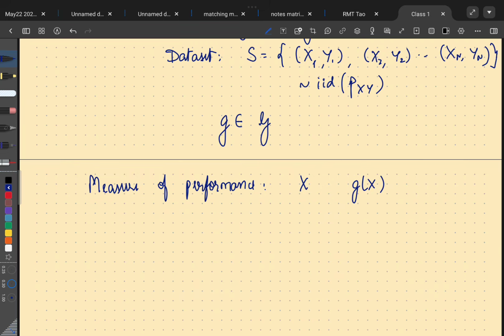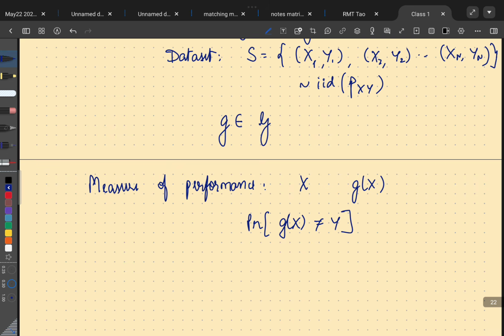Simple indicator variable. So it's just the probability that you make a mistake, right? So what is the probability that G of X is not equal to the true label Y?